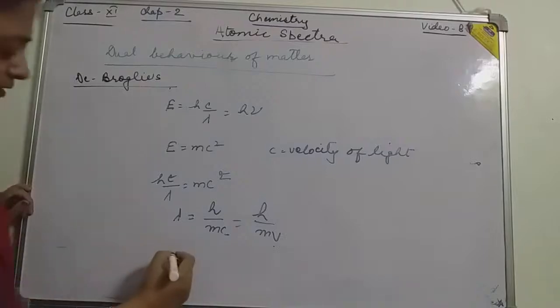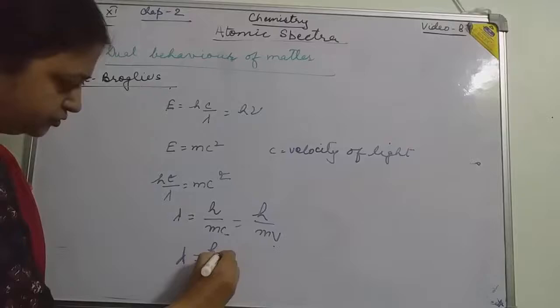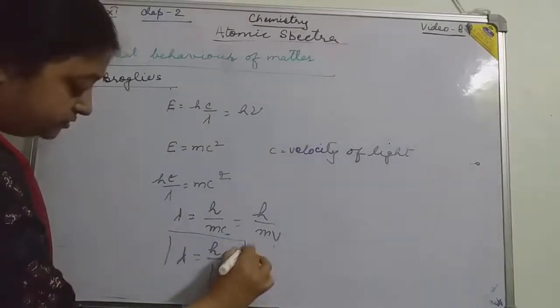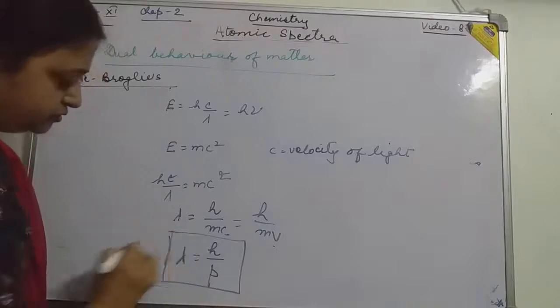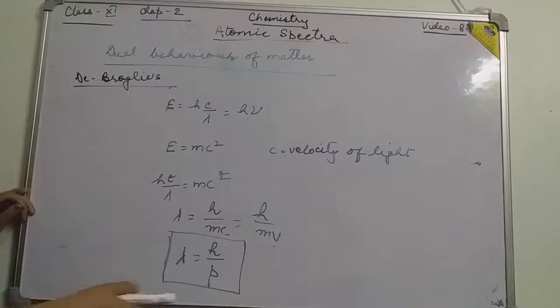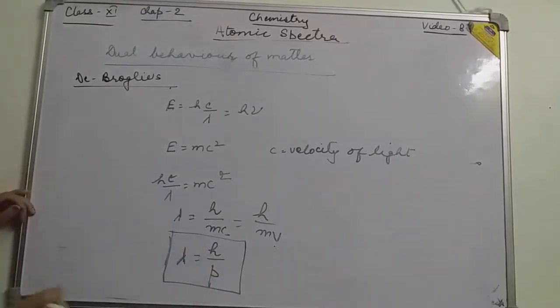So we can write lambda is equal to h by p, where p means momentum. So this is the de Broglie equation for calculating the wavelength lambda for any matter.